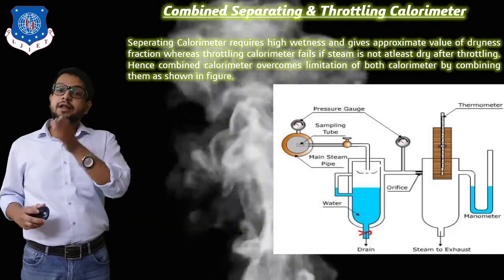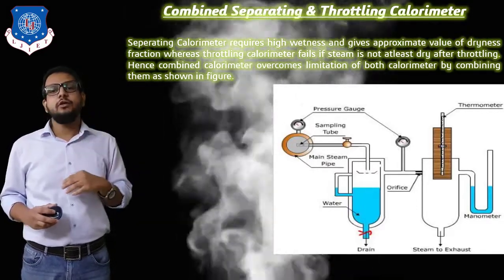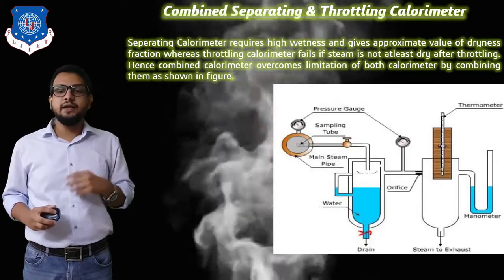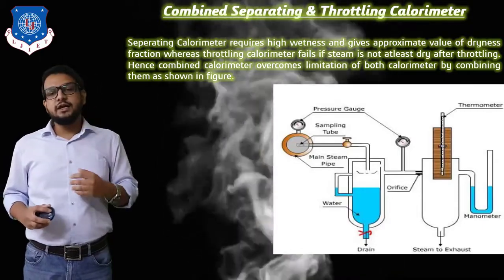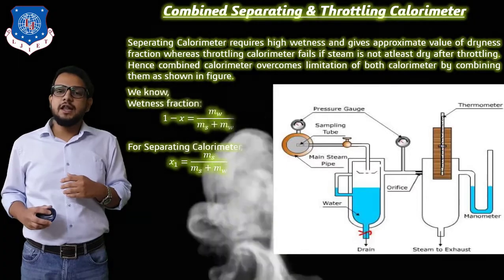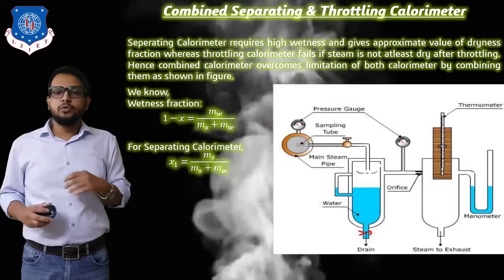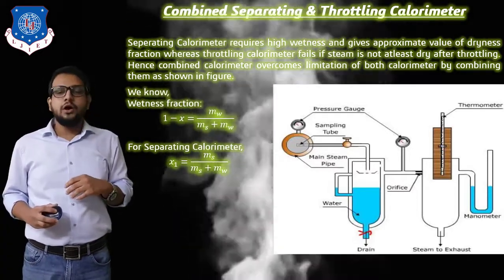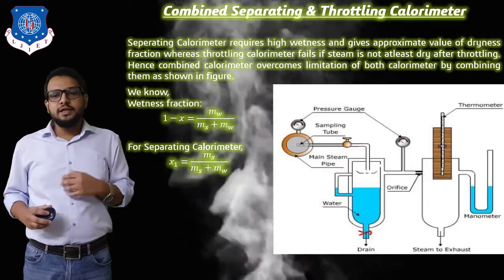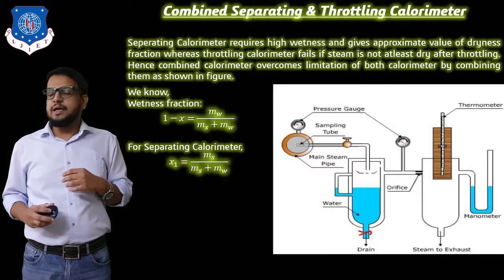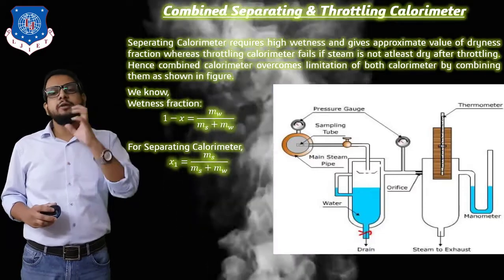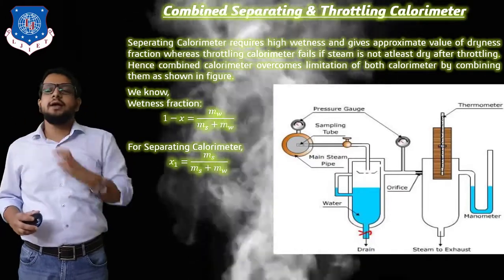Hence, the combined calorimeter overcomes the limitations of both calorimeters by directly combining them. You can see in the diagram, first I have placed the separating calorimeter, and after that the throttling calorimeter. Now, how is it going to work? Whatever steam is separated by the separating calorimeter will be directly passed into the throttling calorimeter.